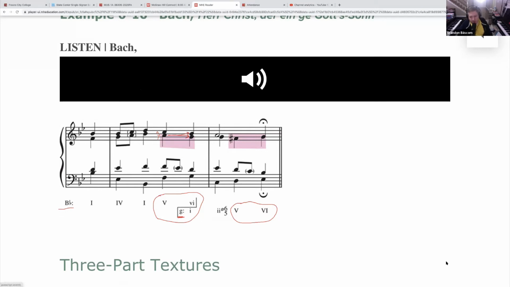Now in the second example, Bach took T to do, because we shifted to G minor. T, do. Soprano went re, do.